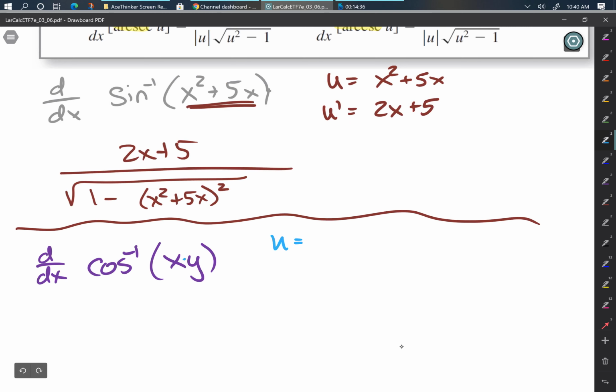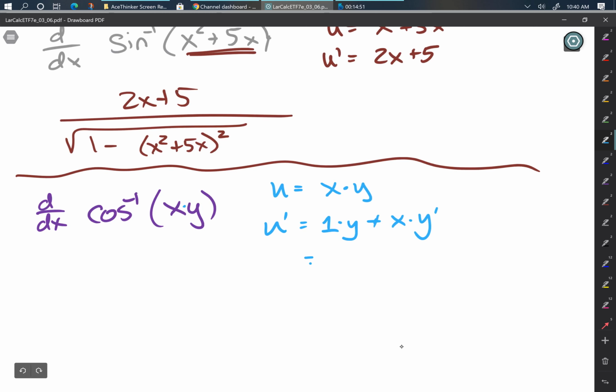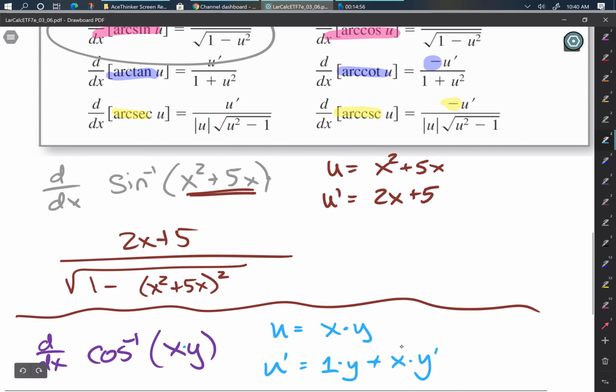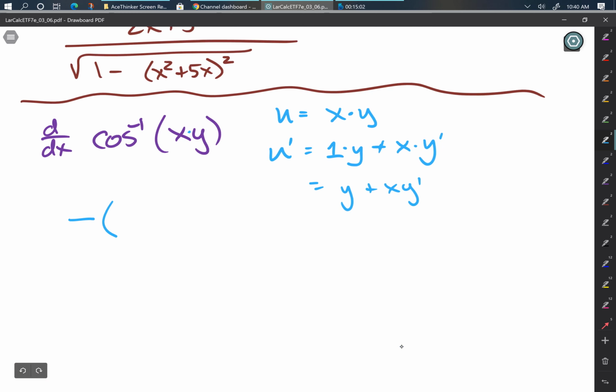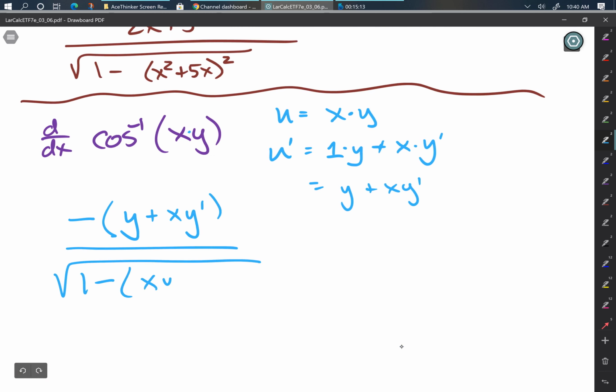All I'm going to do is say that u is x times y, so then u prime is going to be 1 times y plus x times the derivative of y, y prime, or if you wanted to clean that up a little bit, that's y plus x y prime, and then according to the arccosine rule, it's going to be the negative of u prime divided by the square root of 1 minus u squared. And there's my derivative.